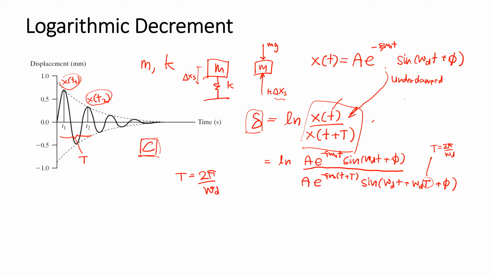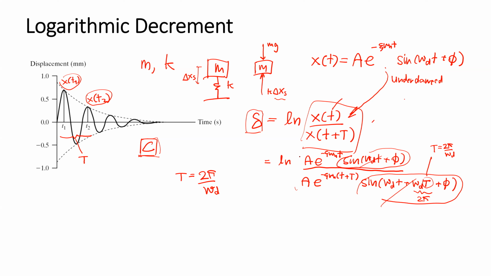So the T multiplied by omega d is equal to 2 pi, and the function of this and the function of this have the same value.